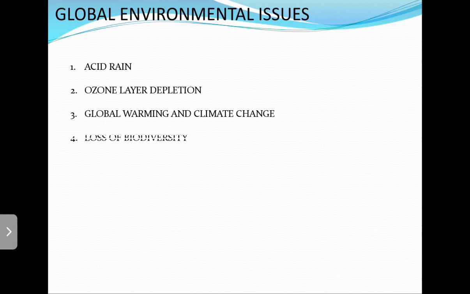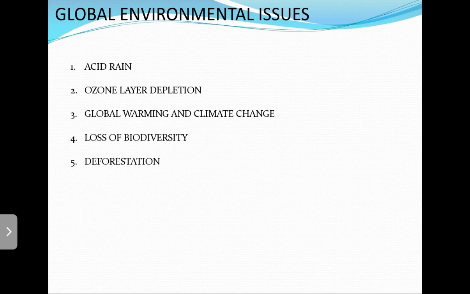And you see, the loss of biodiversity is the problem by which we change the climate in such a way that so many species, so many birds and animals completely disappear from this earth. So this is the loss of biodiversity. So next is deforestation. It's a big issue nowadays.